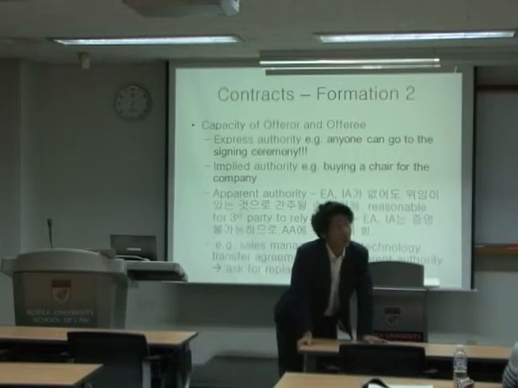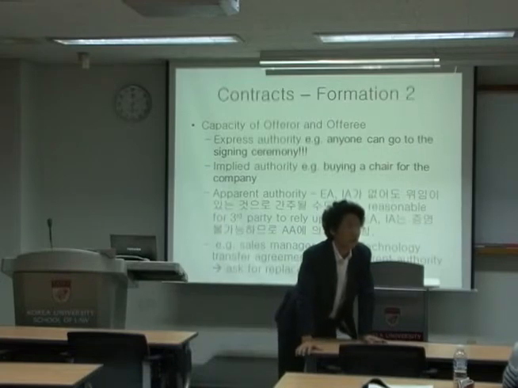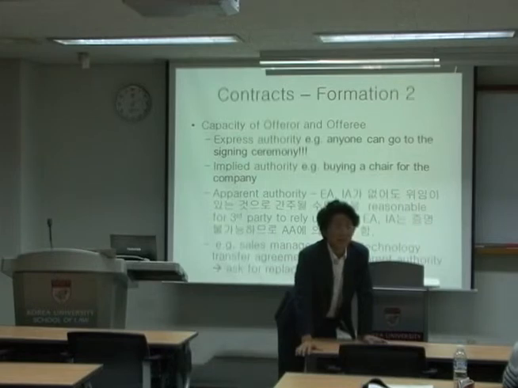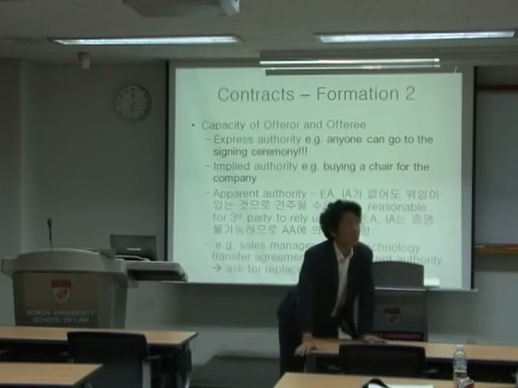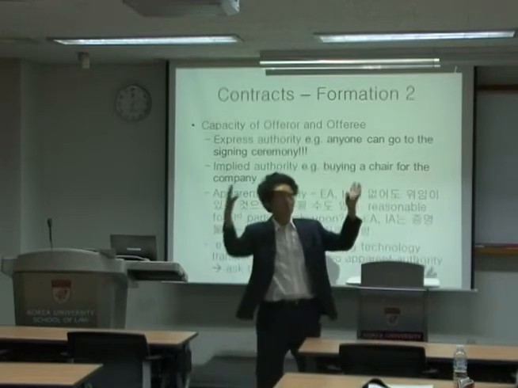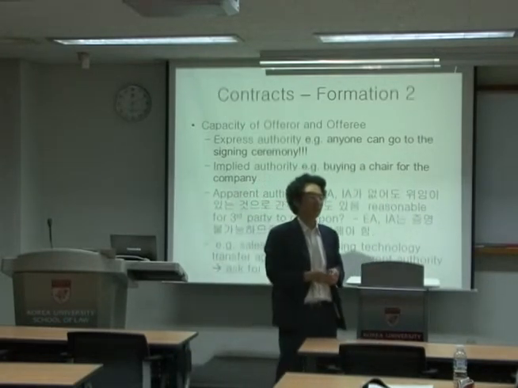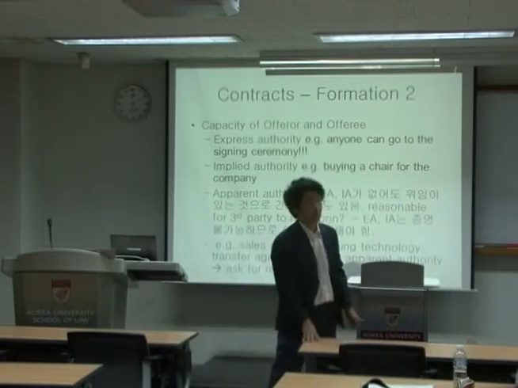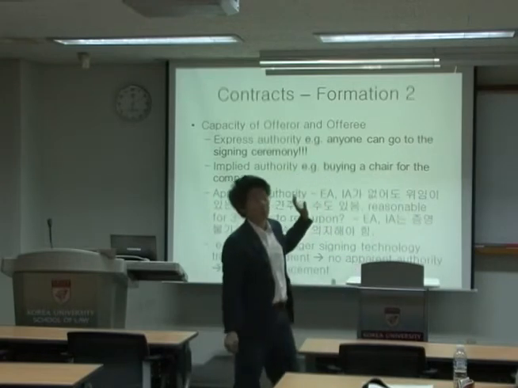Do you think that 고려 학원 이사장 has signed a contract to buy this? No, right? Do you think that 고려학원 이사장 has given express authority to somebody to buy this desk? No. Right? But there must have been somebody within 고려학원 structure that has implied authority to buy this desk. Okay? So that's implied authority.